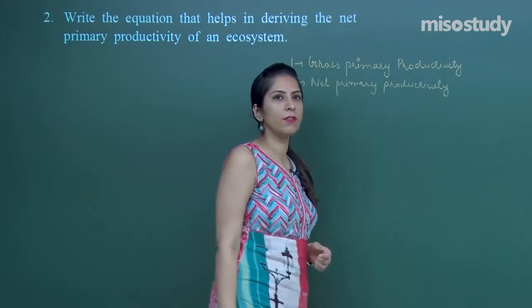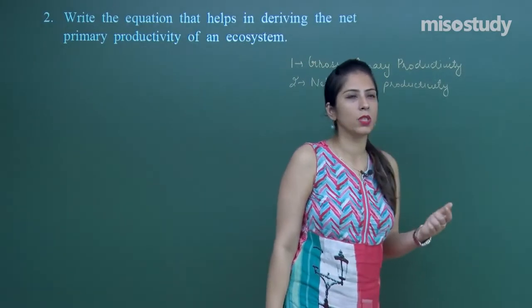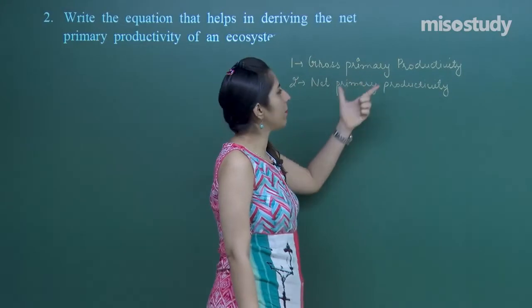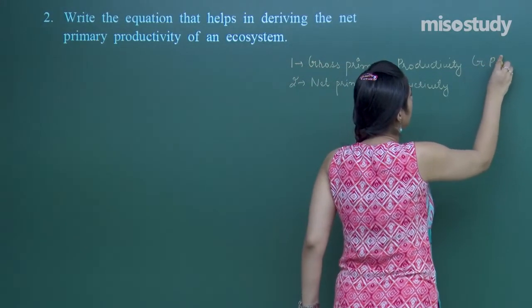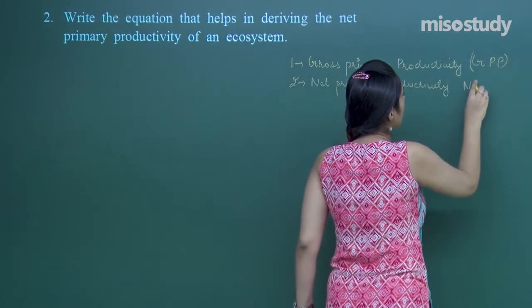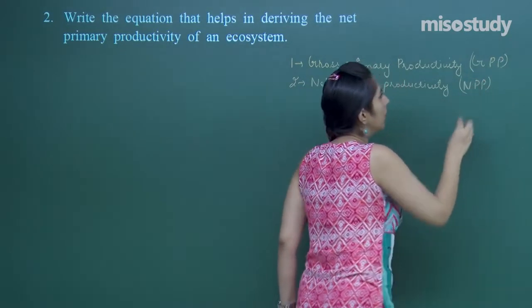In the session, we have learnt about gross primary productivity. What is this gross primary productivity? In shorter form, they are also called GPP and NPP, right?